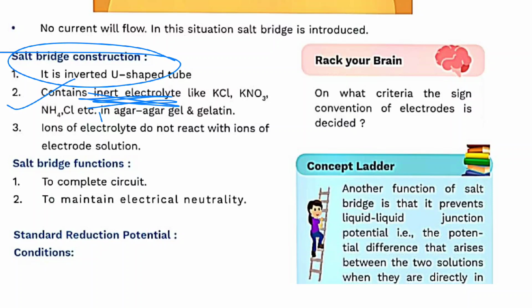We already used the word inert for inert gases in the periodic table. Inert means not reactive or participating in a chemical reaction; it doesn't react or get involved in a process. So inert electrolytes do not participate in the electrochemical reaction. They just facilitate ion flow.